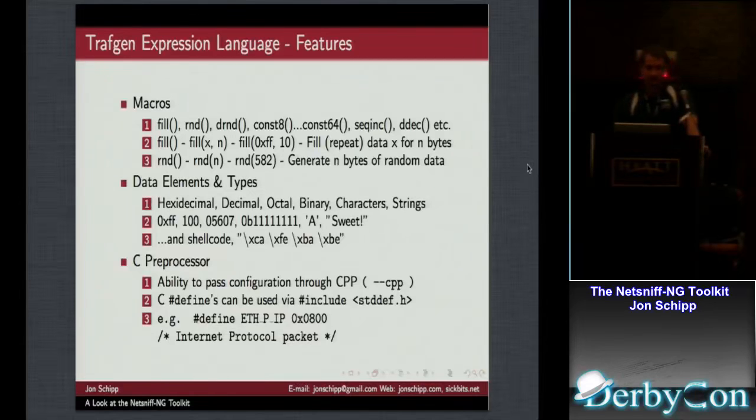TrapGen comes with Netsniff-ng Toolkit when you install it, and there is a file, stddef.h, that has a bunch of definitions already, so you can just include that. In the example at the bottom, we have the protocol field in the Ethernet header, ETH_P_IP. So if you don't know the value for IP, you can just put in that definition.